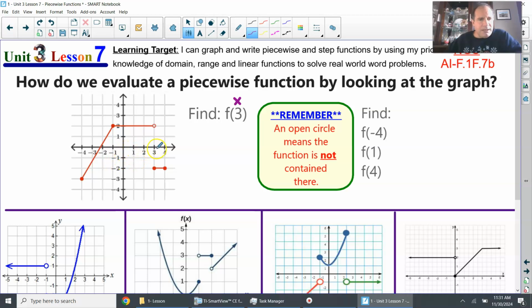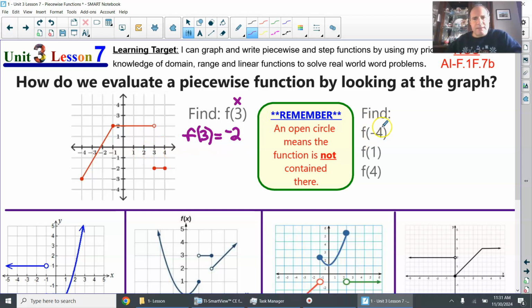Open circle, that does not work. It's not contained there. So f of 3 has a y. This input is 3. The y is negative 2. So we say f of 3 equals negative 2. When the input is 3, the output is negative 2.